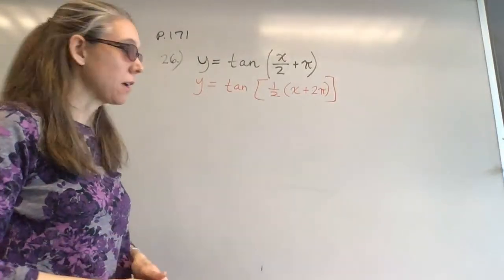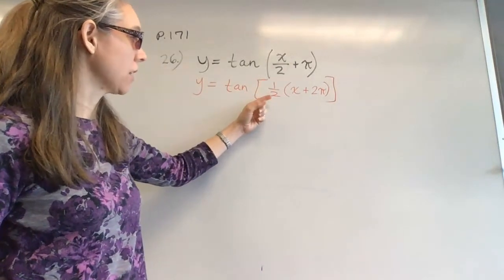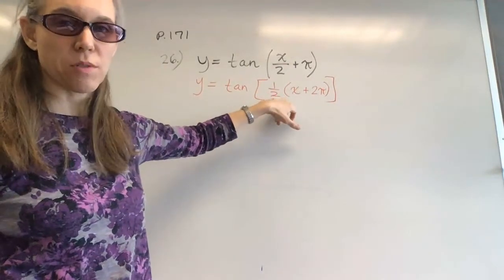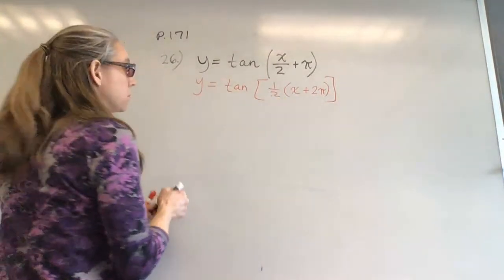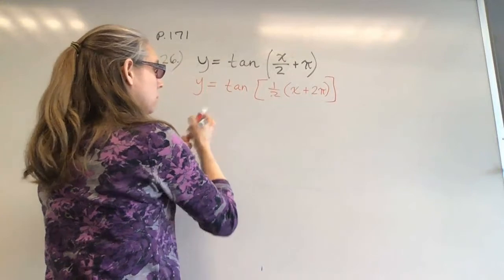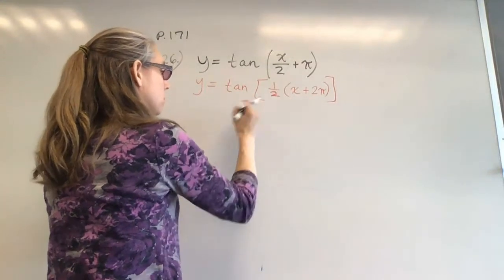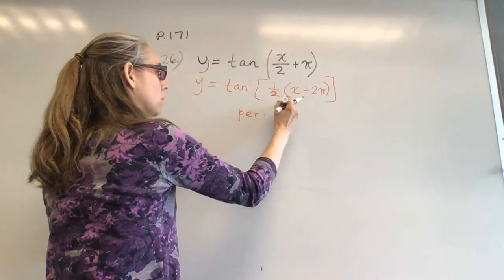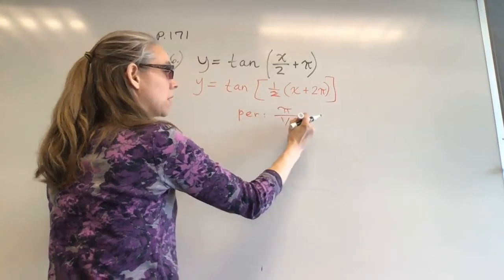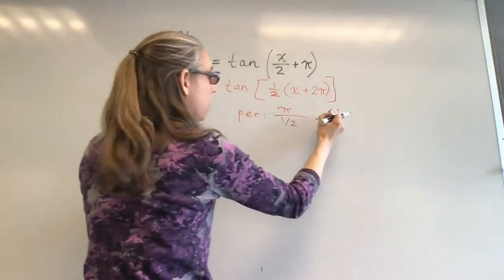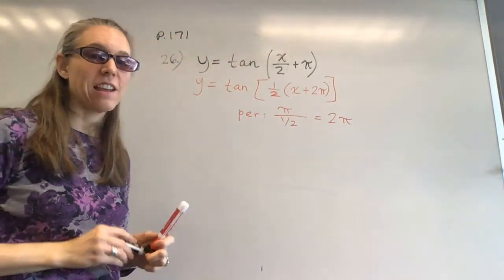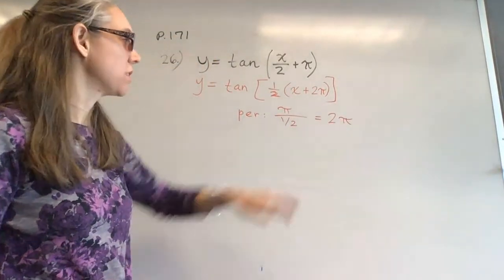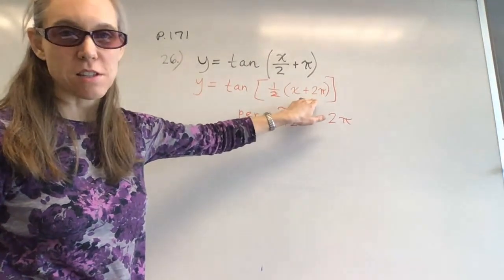And by factoring out the 1/2 here, I can then make the observation that the period of this will be 2 pi, because pi divided by 1/2 is 2 pi. Now, what's really handy about that is that the horizontal shift is to the left 2 pi.